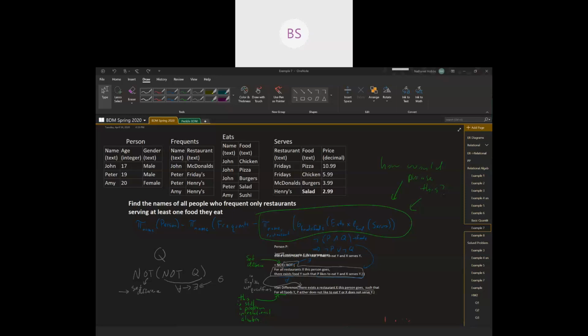Sorry, my AirPods died, so I don't really know what you want me to get at, but it would pick out the name and the restaurant out of a joined table that would produce the name of each person, the food that they eat, and the respective restaurants that serve those foods.